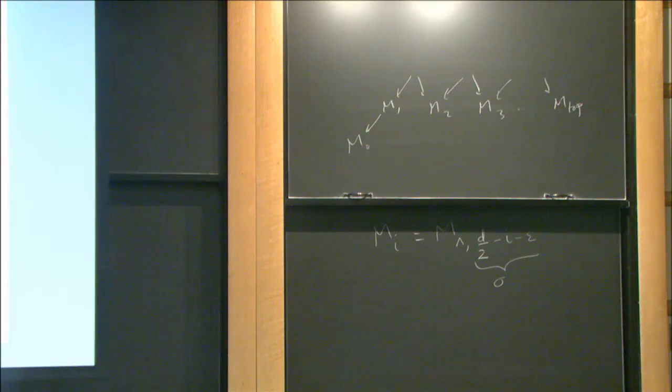Okay. And the one that's going to be our focus is the last in the line, what I've called already in what I wrote on the board, M top. So that's M d over 2 minus 1. What that means is that sigma is small. Sigma is between 0 and 1. So that's the space of semi-stable pairs in the following sense. E is a semi-stable vector bundle.